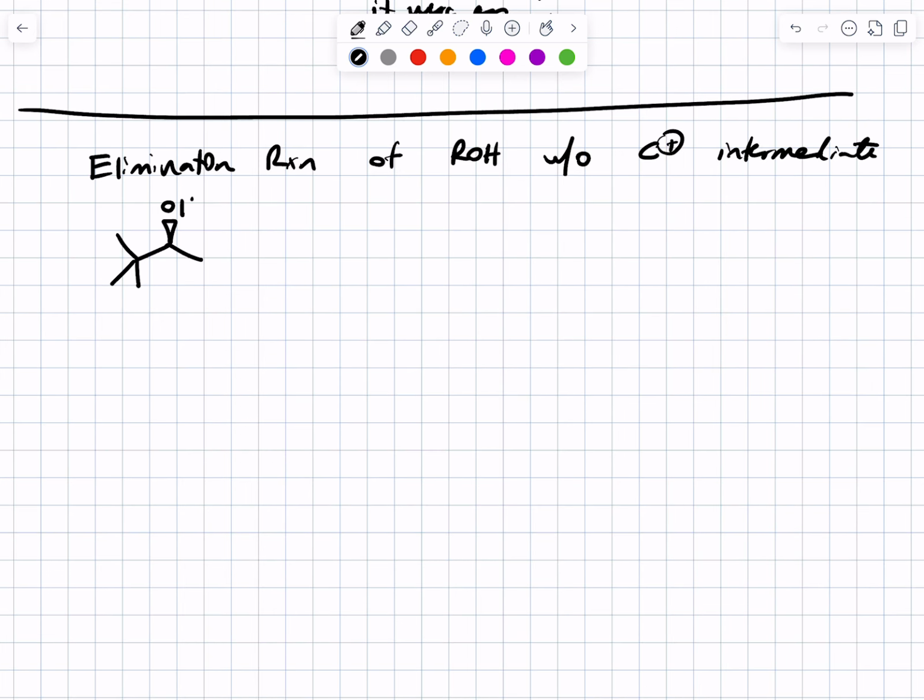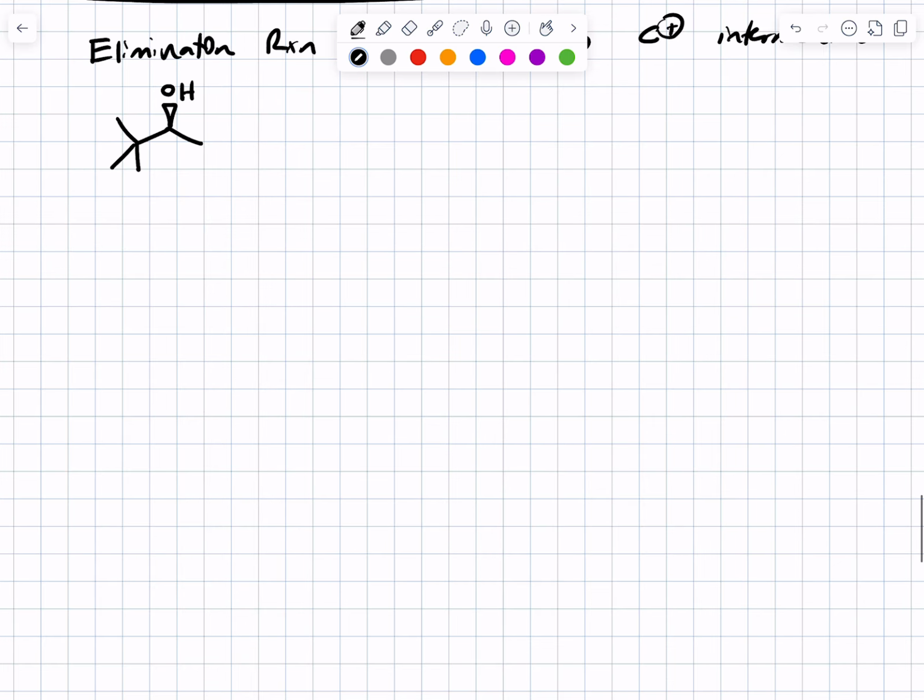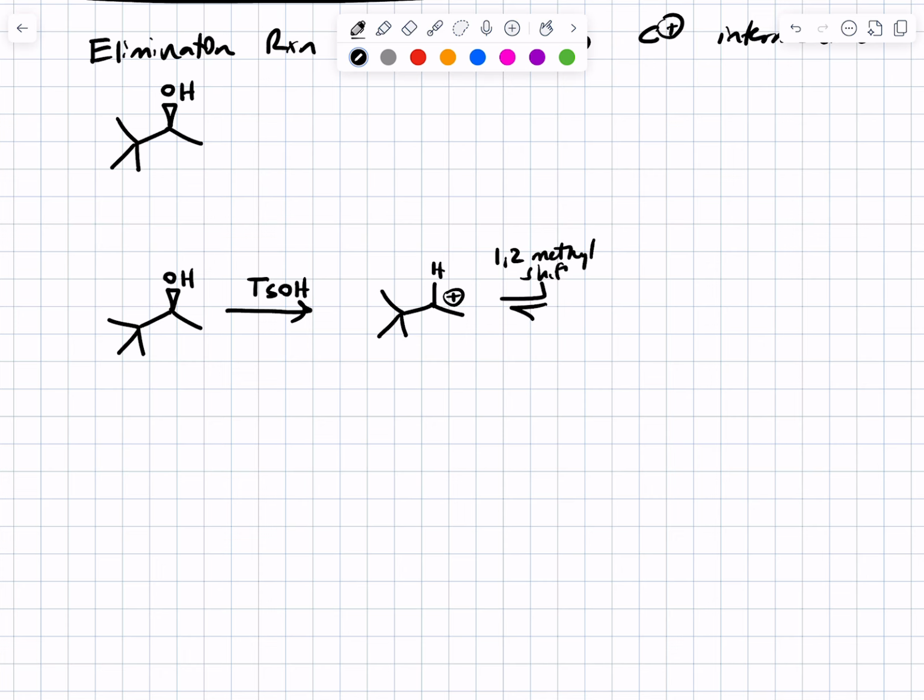To illustrate this, we're going to start with an alcohol where in the past, if you used H2SO4 or TsOH, and the leaving group left, you would have gotten a carbocationic intermediate, which via a 1,2 methyl shift could have rearranged to a more stable tertiary carbocation.